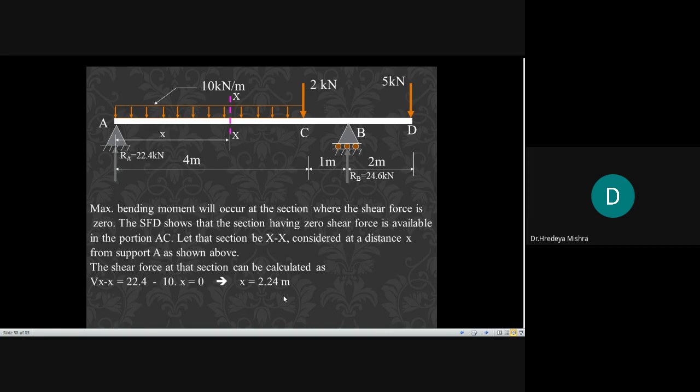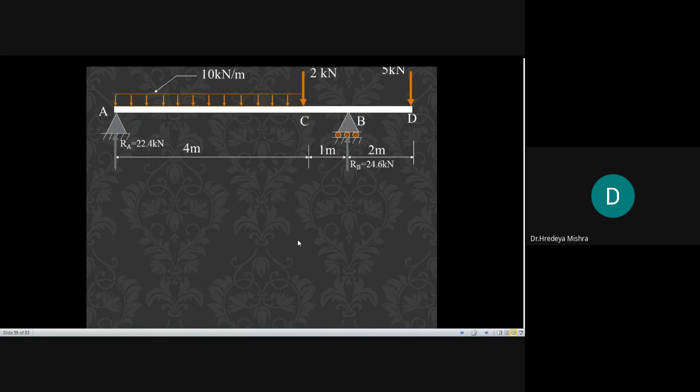Where the shear force is 0, between the section, the bending moment is maximum at this point. Okay. Now see, calculating the bending moment at the free ends, there is no need to calculate. MA and MD are 0 at the free end, moment is 0.